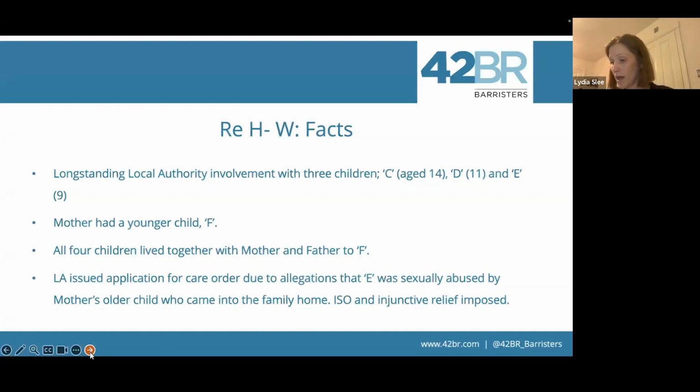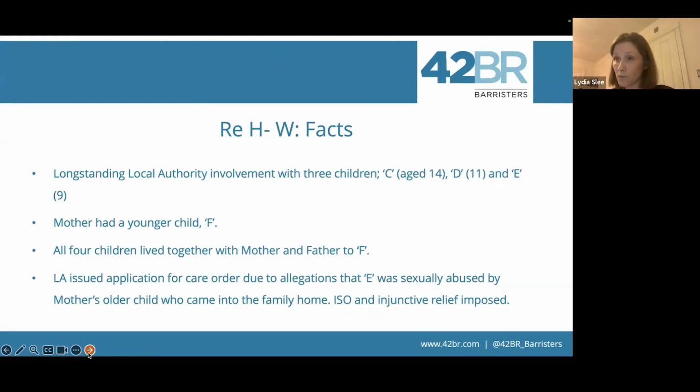But looking at the current case of Re HW, you will see that in a nutshell, this case from the Supreme Court really concerns an appeal that concerns 3 children who are referred to as C, D, and E. There was also a 4th child who was subject to care proceedings, but was not subject to the appeal, and that child was known as F during the proceedings.